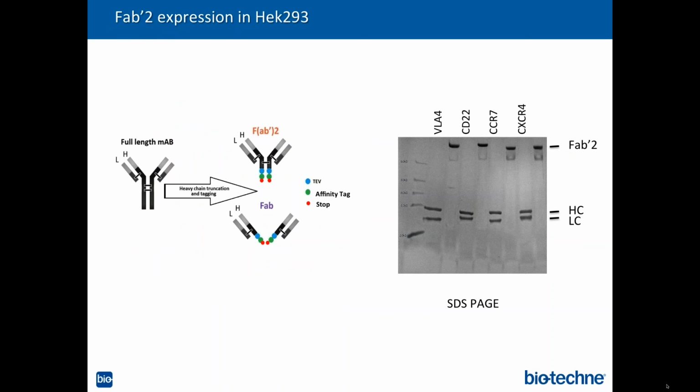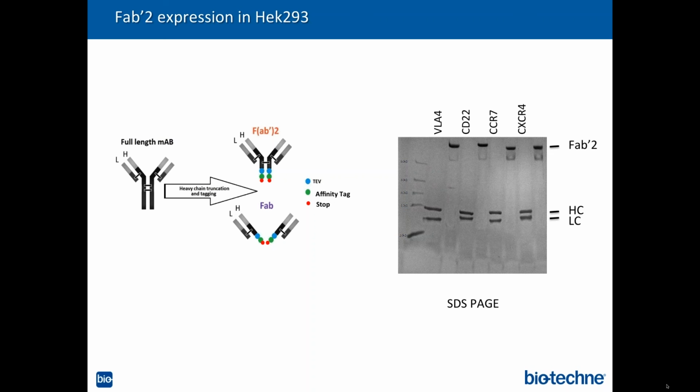So these are 4 examples that we've recently cloned from a full-length IgG going into an FAB'2. And each one of these we introduced a stop codon to either make an FAB or an FAB'2. In addition, it has an affinity tag, that's the green dot, to be able to detect it afterwards as well as help with some of the purification.